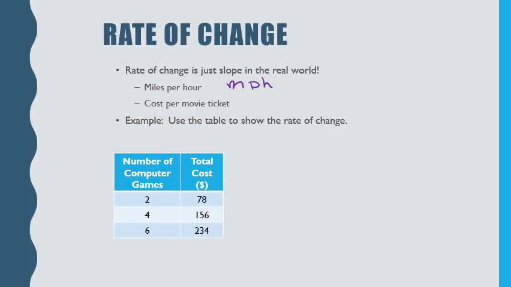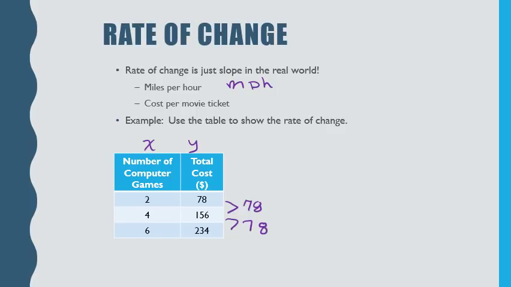So all we have to do is look at the difference between our x's and our y's, right? So if I look at the difference here to here, 156 minus 78 is 78. Okay, 234 minus 156 is also 78.